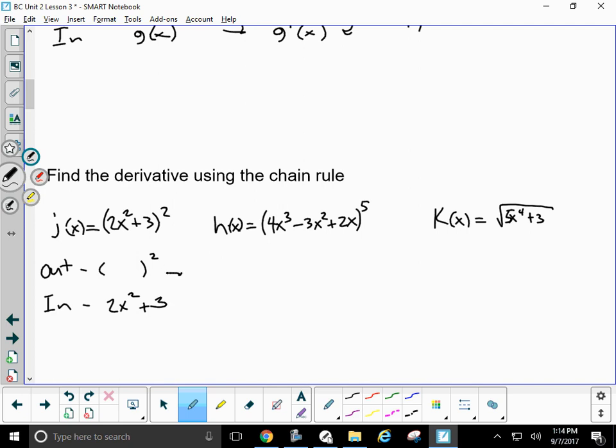Now, if I went ahead and take those derivatives, I would assume this is like an x being squared. So pretend like there's an x there. The derivative of x squared is 2x. So I'm going to say that the derivative of the stuff being squared is 2 times my stuff. Then the derivative of the inside is 4x plus 3.